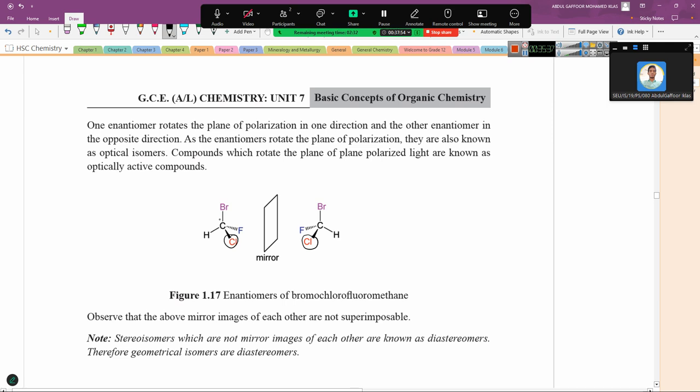But this fluorine will not overlap with this fluorine, because there is no equal distance between them. This bromine will overlap with this bromine, and this hydrogen will overlap with this hydrogen. But will this fluorine overlap with this fluorine?